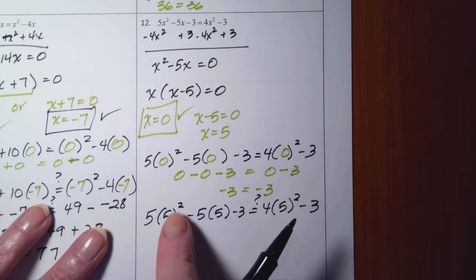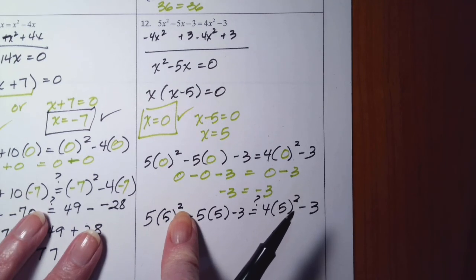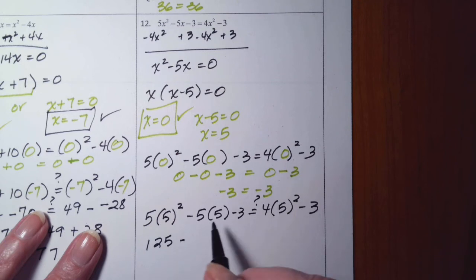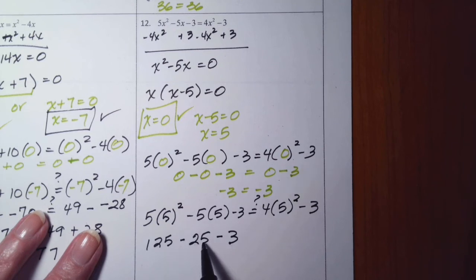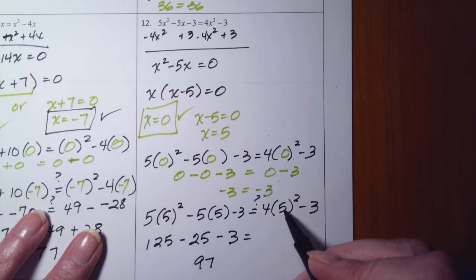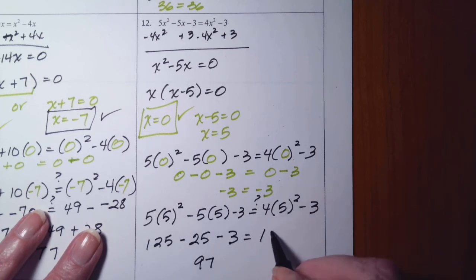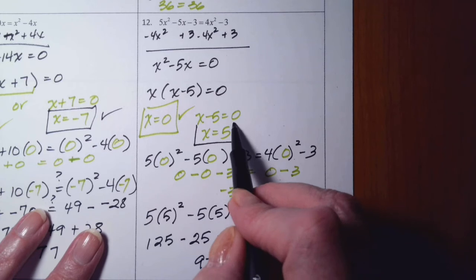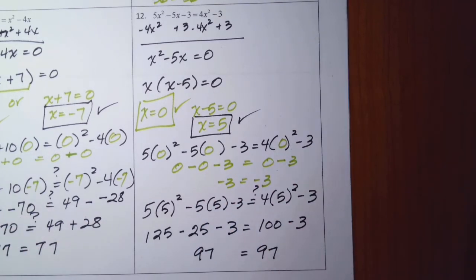Well, 5 times 5, or 5 squared, is 25, so this is 125 minus 25 minus 3. So that's 100 minus 3, which is 97. Let's see what happens on the other side. 5 squared is 25 times 4 is 100 minus 3, which is also 97. So that checks.